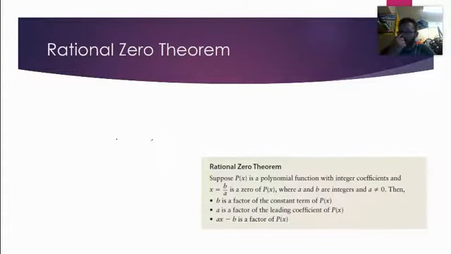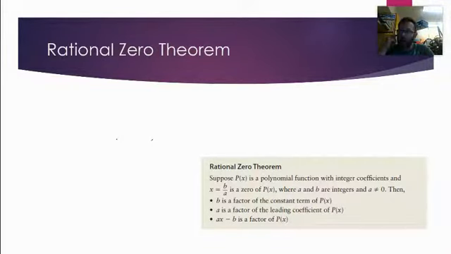And it says this: if you have a polynomial with integer coefficients, then x equals b over a is a zero of that polynomial, where a and b are integers. A can't be 0 because you can't divide by 0. For any possible zero, this has to be true, guys.